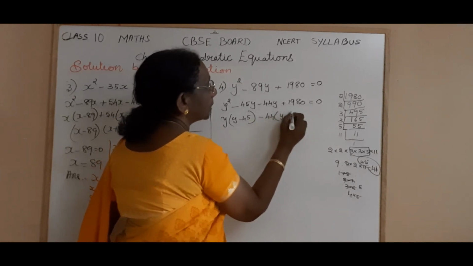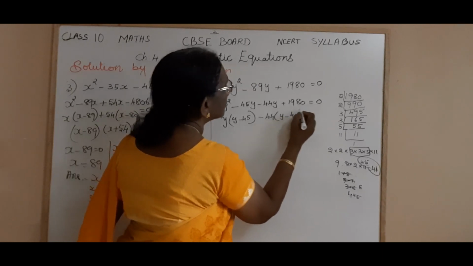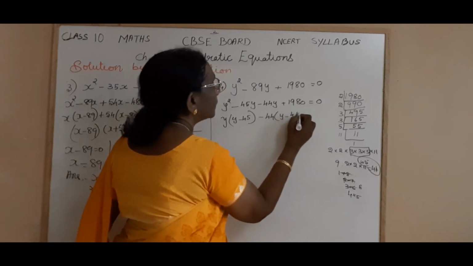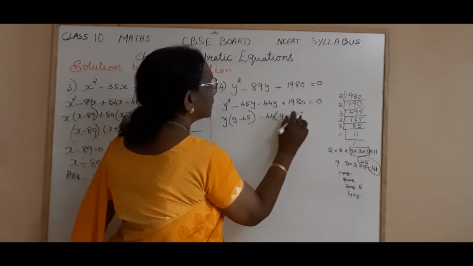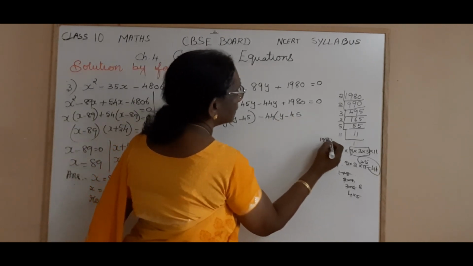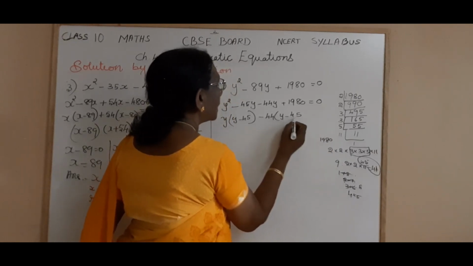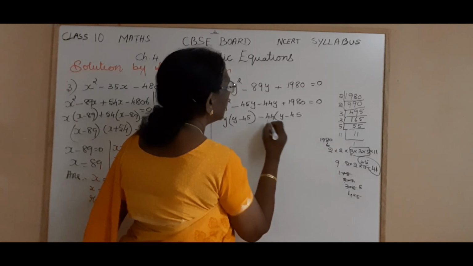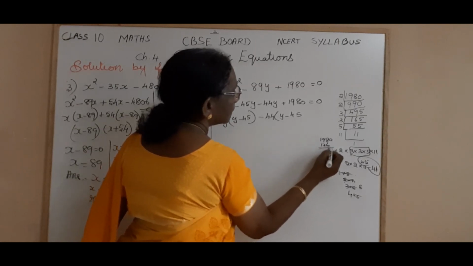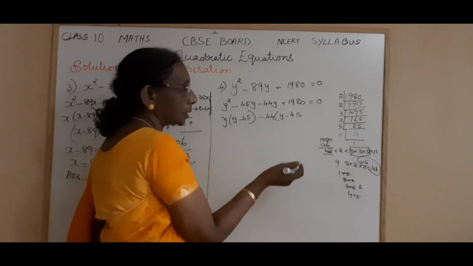When you divide this, 4 times, 5 times 44, so 220.